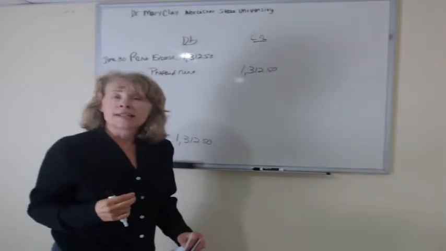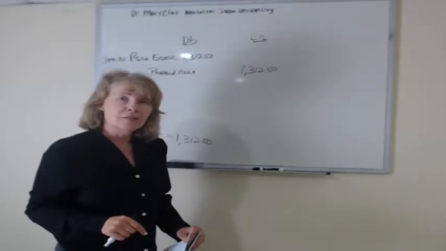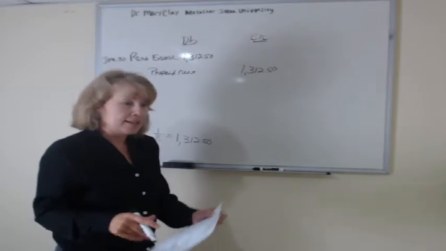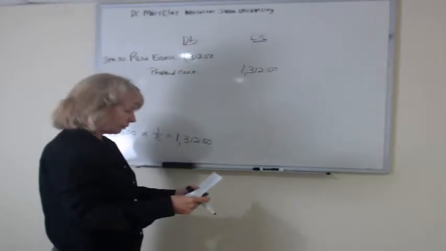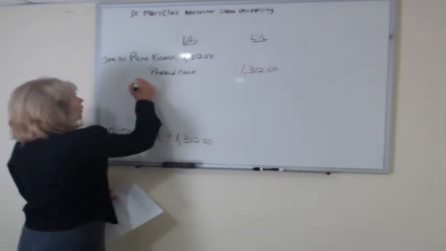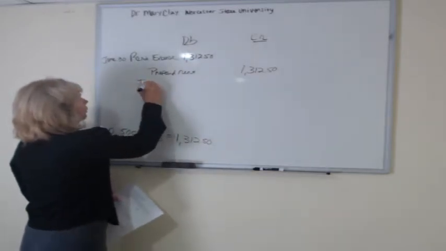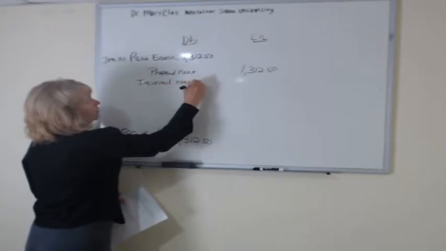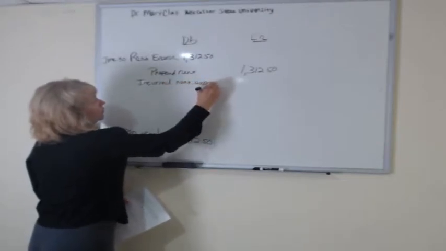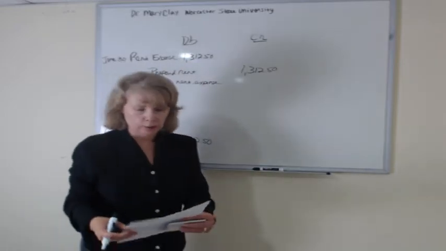I'm reducing that. What is prepaid rent classified as? That's right, it's an asset. So we're reducing that. Put in explanation, and then you put incurred rent expense, or whatever it asked you to do in the lab.